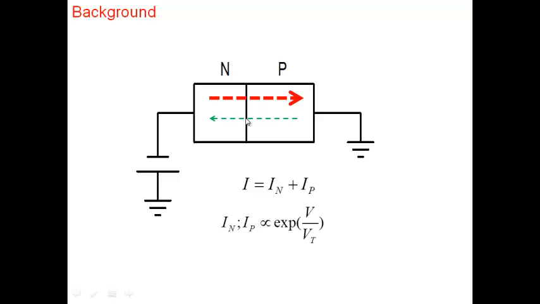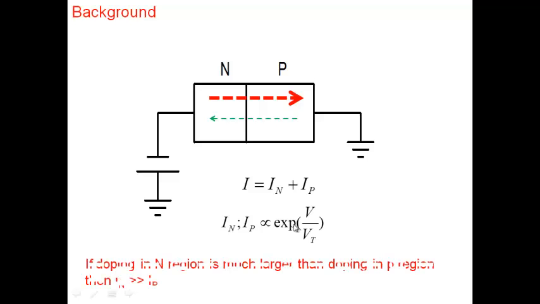If you increase the forward bias, the flow of electrons and the flow of holes increases exponentially with voltage. The other point is, if I make the doping in the N region much higher than the doping in the P region, then I end up making this current much larger than this particular current. I can control the relative amounts of electron and hole current.